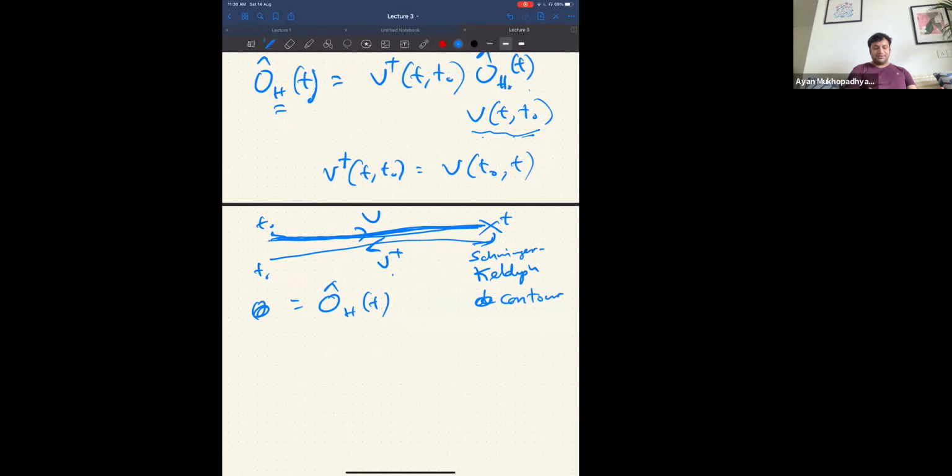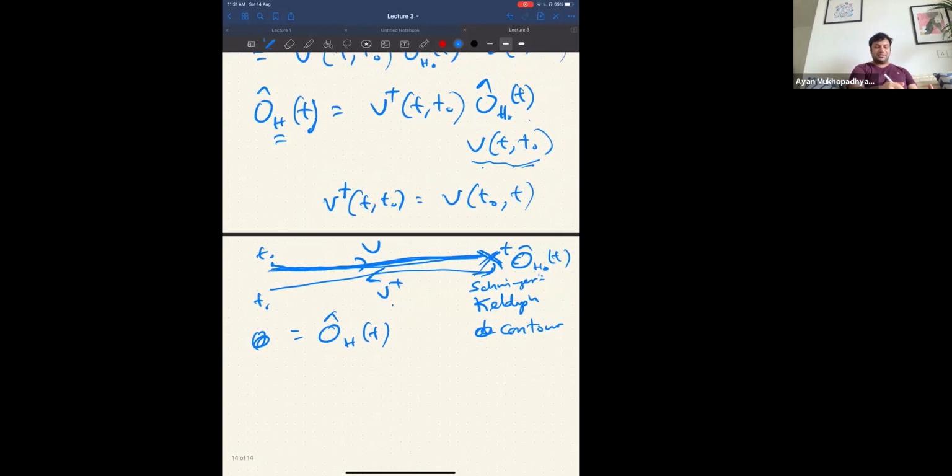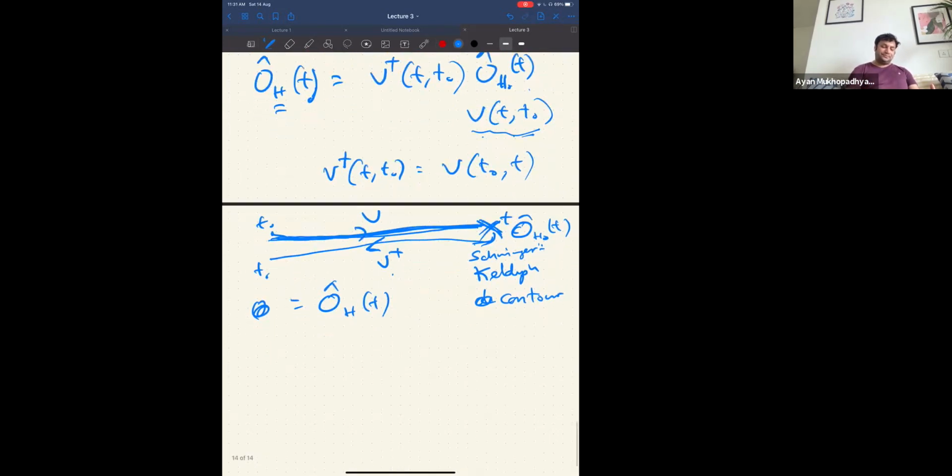It simply tells you that, for example, in this diagram the cross implies an operator insertion, but in the actual picture at time t. So the time evolution and the operators are in the same picture in this diagram. The operator insertion here is in H naught, and the time evolution V is essentially the time evolution operator in the interaction picture. That's the interpretation that I already said.